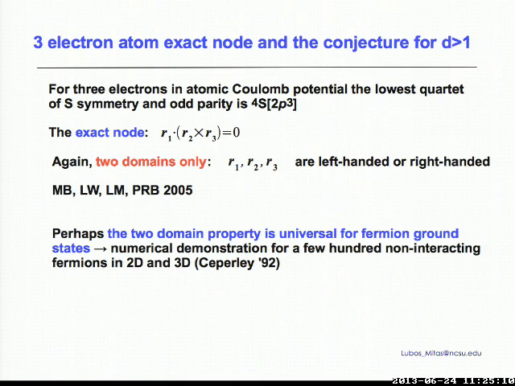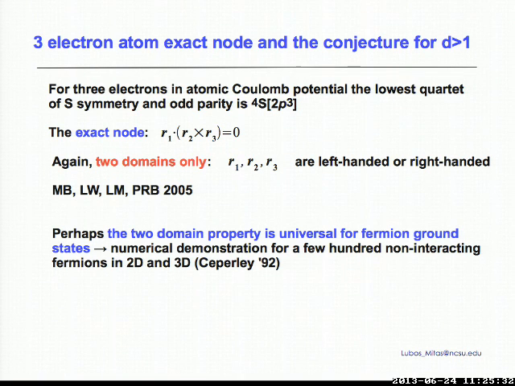We actually found one 3-electron system where we know the exact node because of restrictions of the symmetry. If you take this interesting state, which is 3 electrons in a Coulomb potential, and you take S symmetry, quartet, and odd parity, you get this funny state. It's the lowest state within that symmetry category.